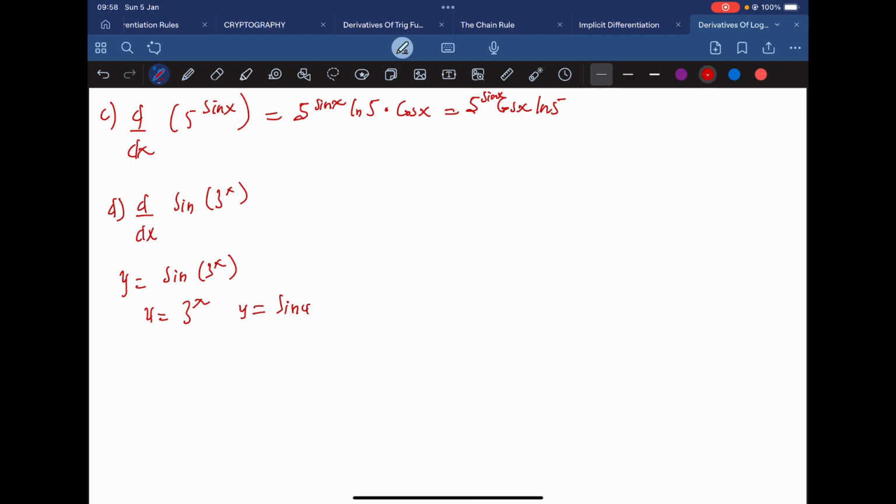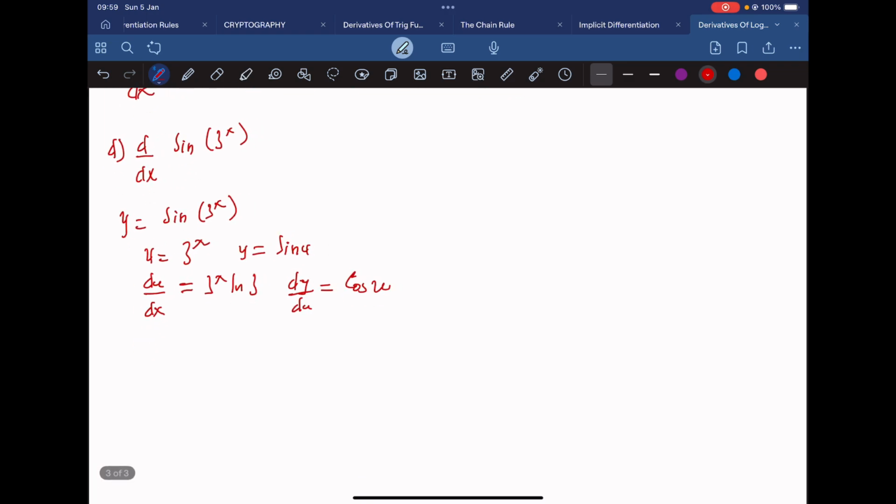Now, u has x in it, so we just differentiate u with respect to x, and using the theorem, we have 3^x ln 3. Then y has u in it, so we differentiate y with respect to u, and if we differentiate sine, you get cosine of u.